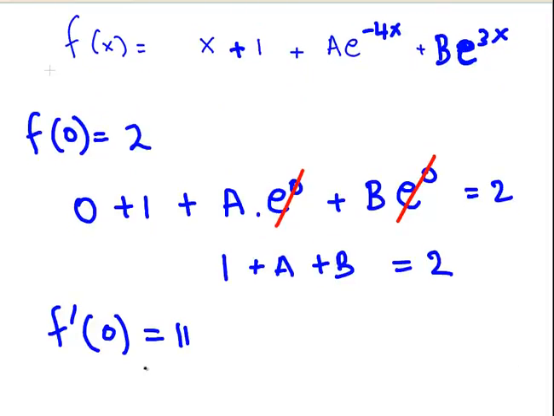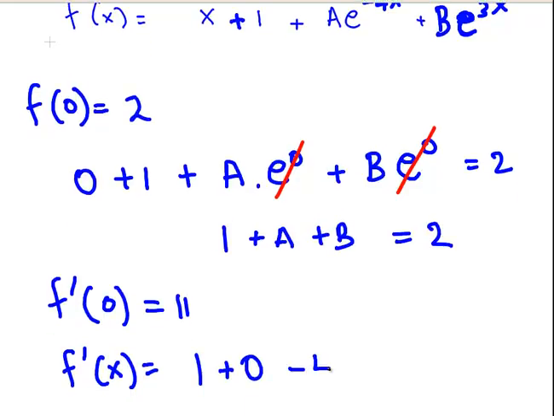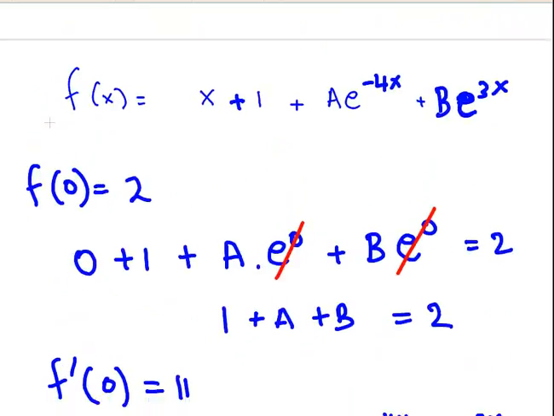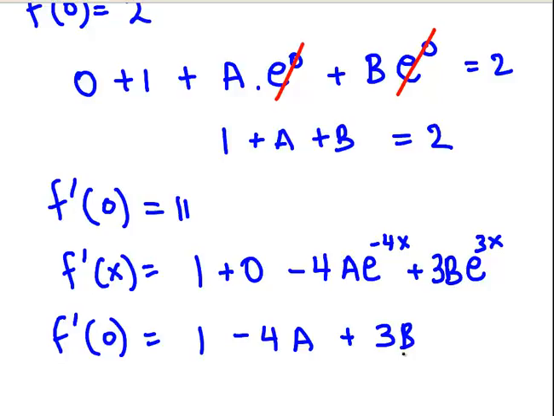So the derivative of x is 1 plus 0, minus 4 times a e to the minus 4x plus 3b e to the 3x. Simple derivatives there. And when x is 0, what do we get? 1 minus 4 times a plus 3 times b, and again e to the 0 cancels out. And that's equal to 11.